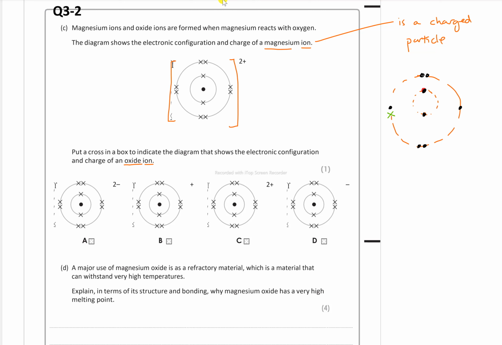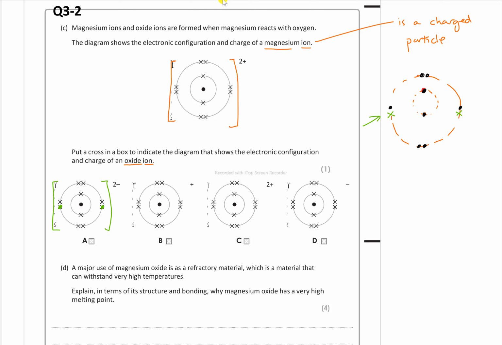You've got 1, 2. So we need 2. It will be this one here. So ignore that. Ignore that. So these are your 2 extra, compared to the one that we've drawn there.